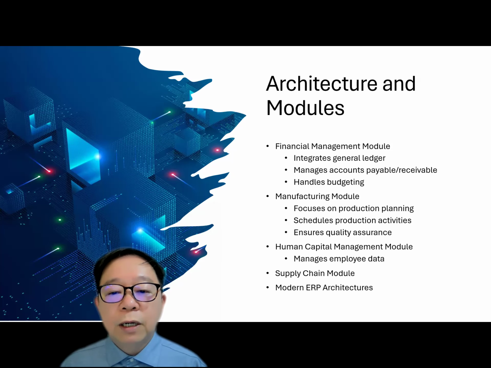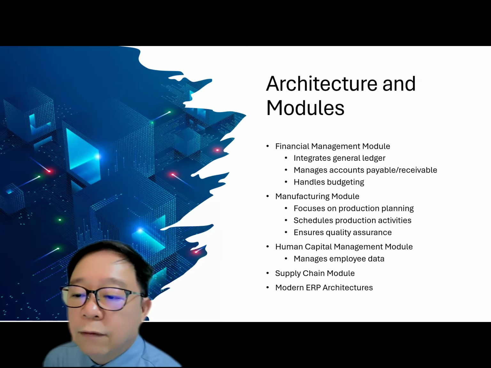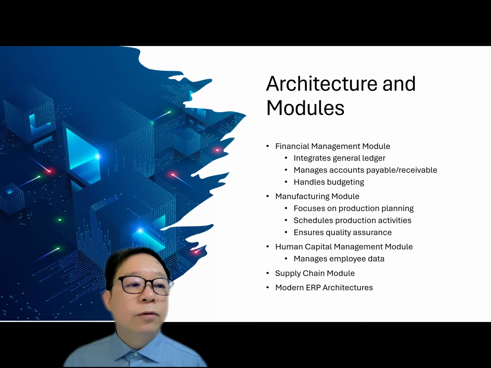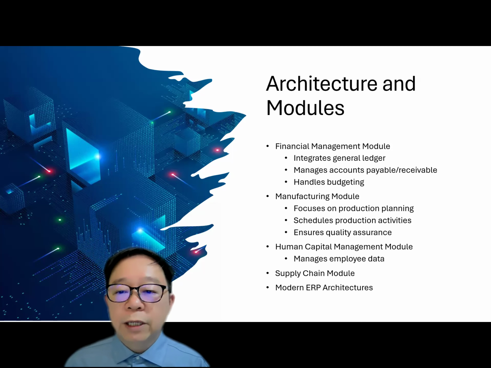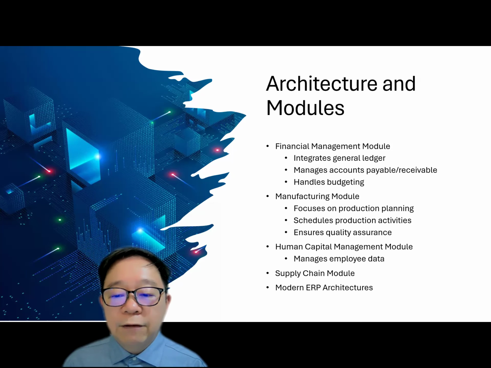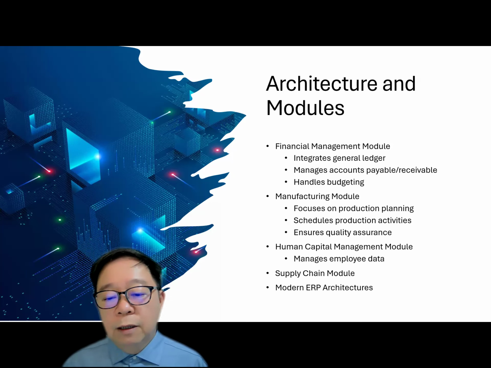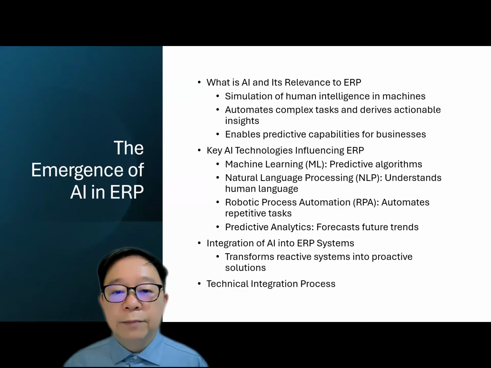Then they are able to manage accounts receivable, payable, and do budgeting. Budgeting is a very important aspect. Then the manufacturing modules focus on manufacturing planning activities. Of course, human talent is most important in the company, so you need a good, proper HR management system to handle them.